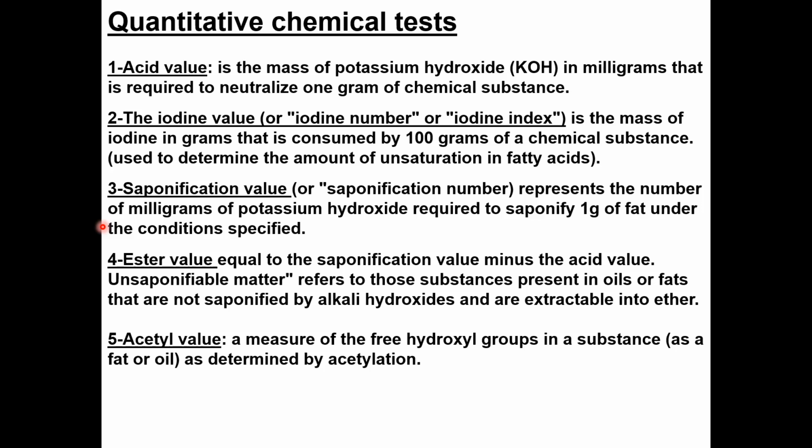Iodine value, or iodine number, or iodine index, is the mass of iodine in grams consumed or absorbed by 100 grams of chemical substance. It is usually used to assay unsaturated fatty acid.